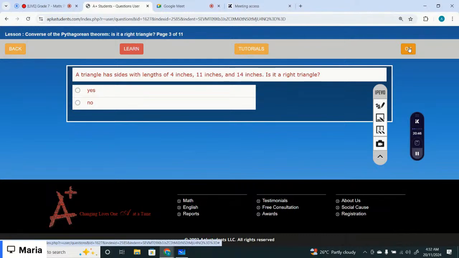A triangle has the length of 4 inches, 11 inches, and 14 inches. Is it a right triangle? Which is the correct option?